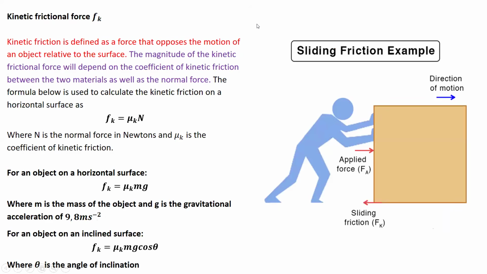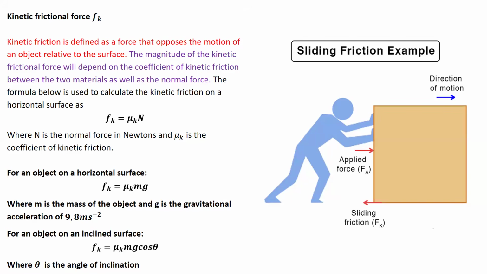Kinetic frictional force. Kinetic means I'm moving. So kinetic frictional force means there is particular movement there. In the previous slide, we gave the idea that once the applied force is greater than the maximum static friction, then movement is guaranteed.